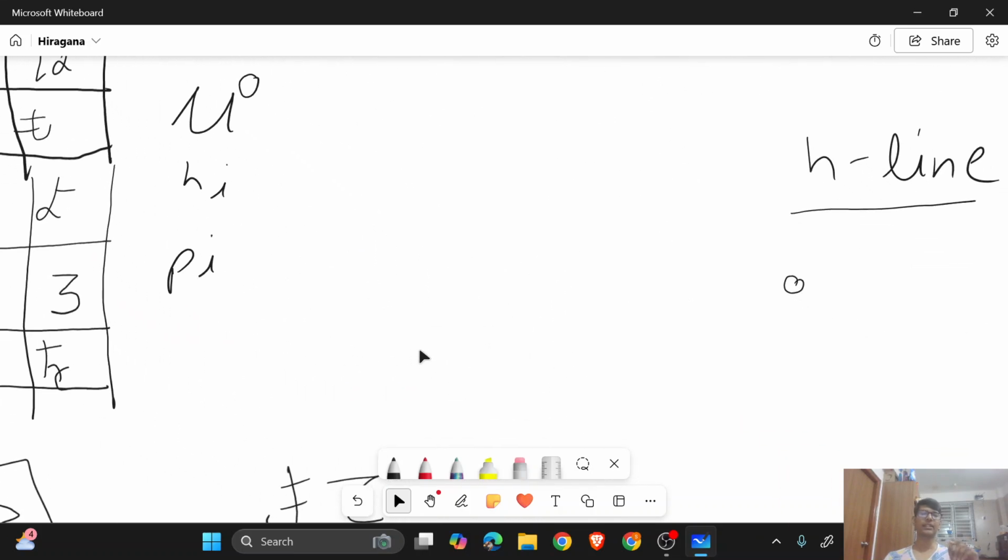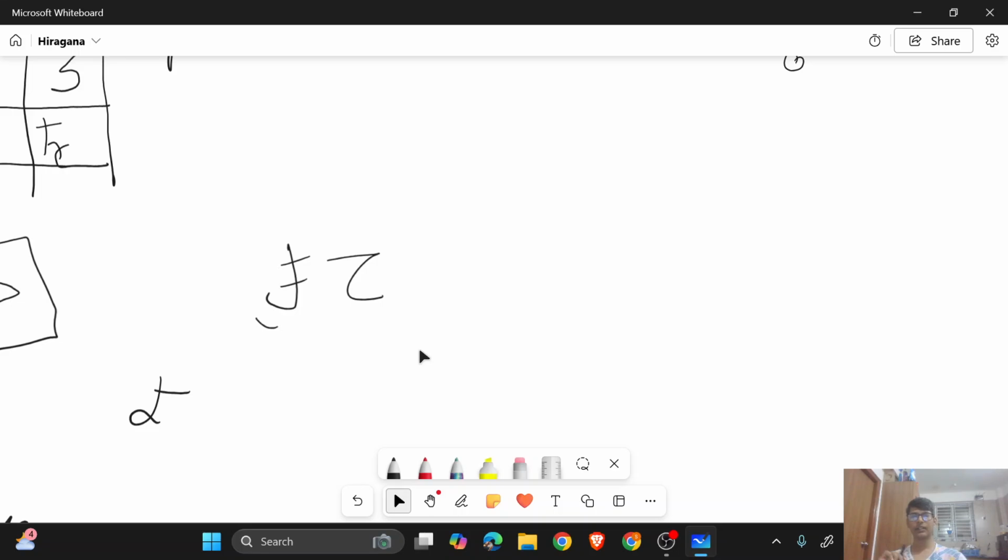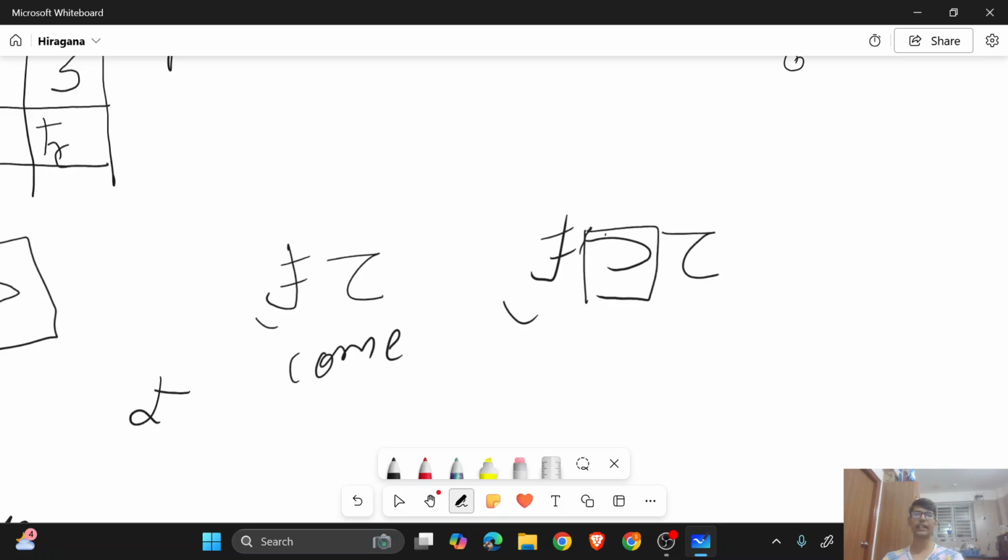It will be kite, which means come. But if we associate it with small tsu, the work of tsu is to prolong the consonant that is occurring before. So it will be kitte. There is a little bit of prolongation.